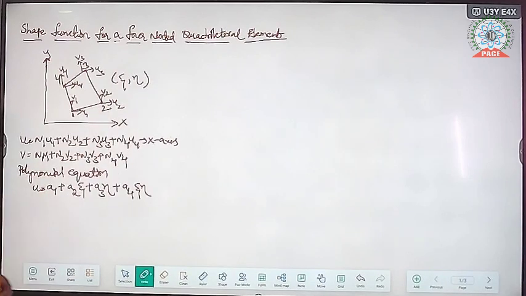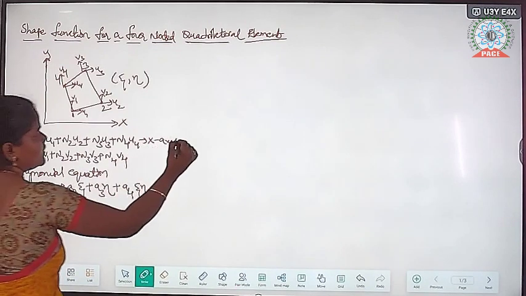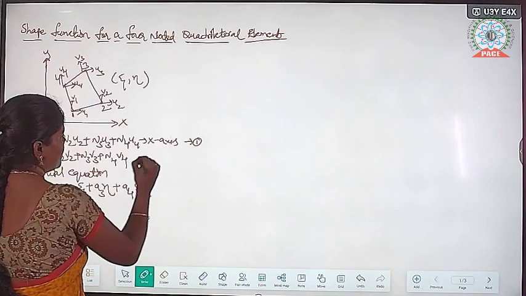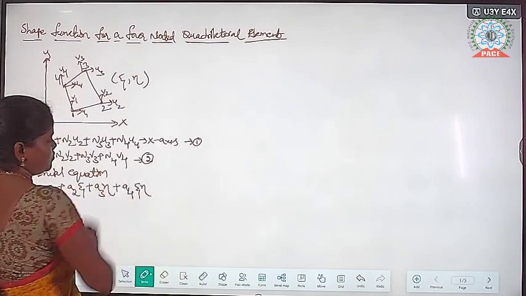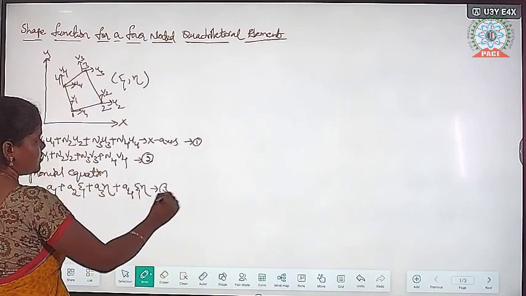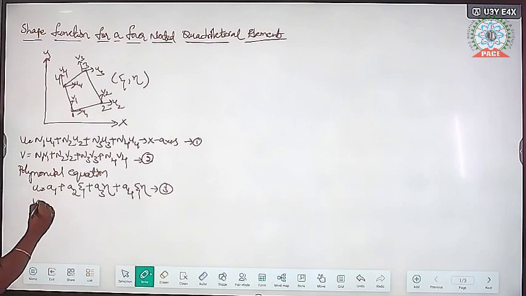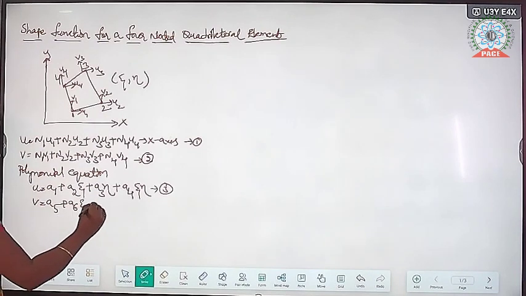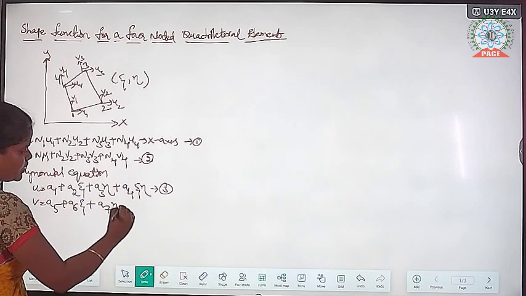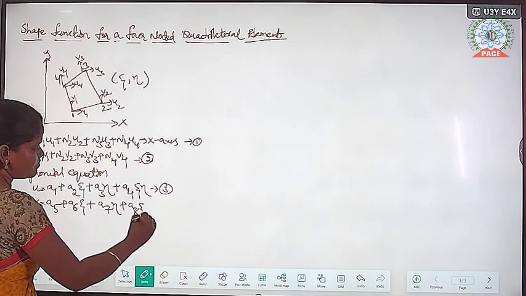So we substitute xi and eta in these polynomial equations. This is equation number 1, this is equation number 2 and this is equation number 3. Similarly, for the y axis, v equals a5 plus a6 xi plus a7 eta plus a8 xi eta. This is the fourth equation.